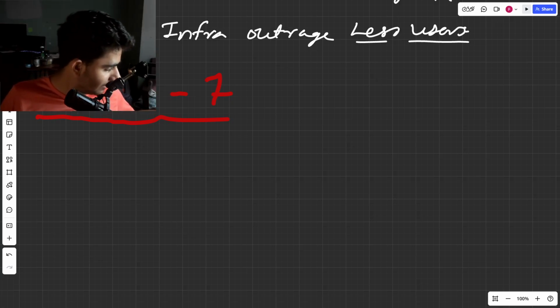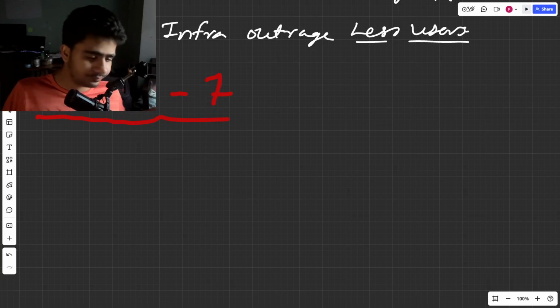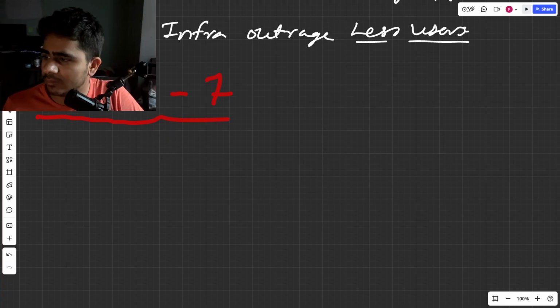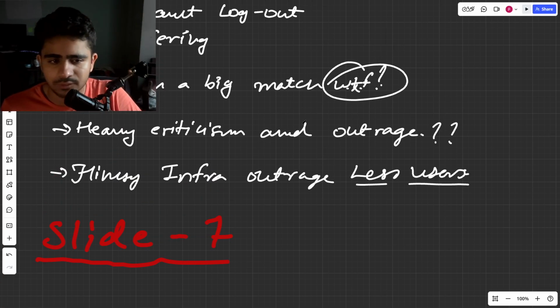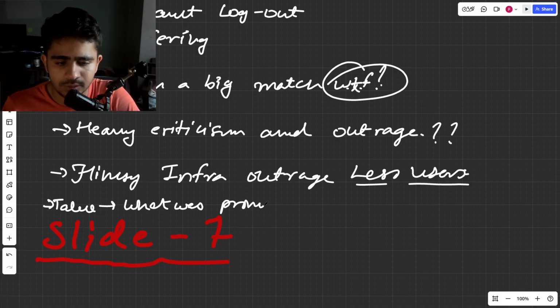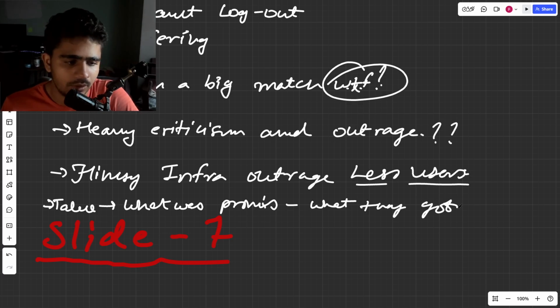Slide number 7 could have... So far we have discussed the problems between what was promised versus what they delivered. A table could be nice. Table: what was promised, what they got.